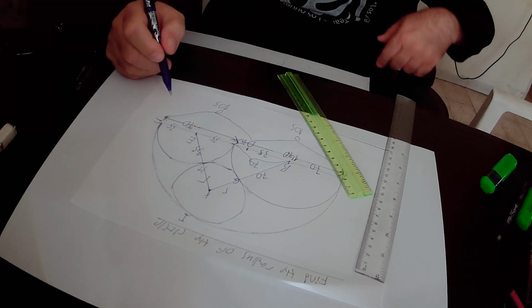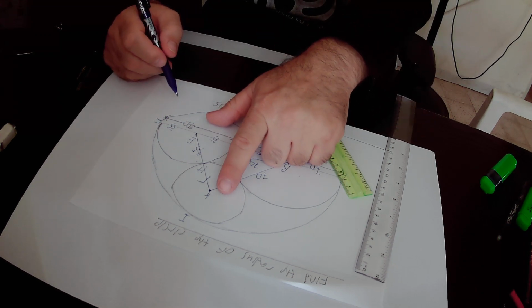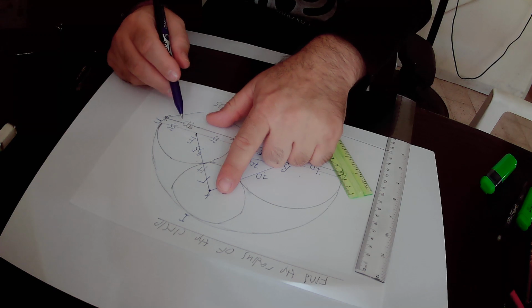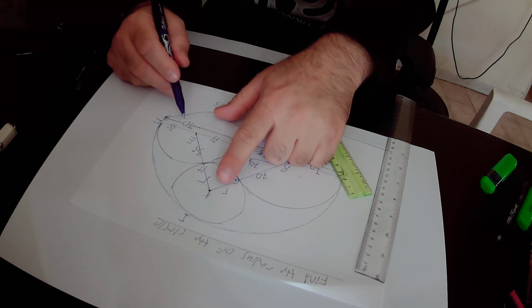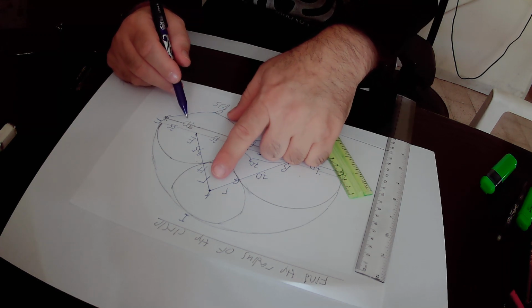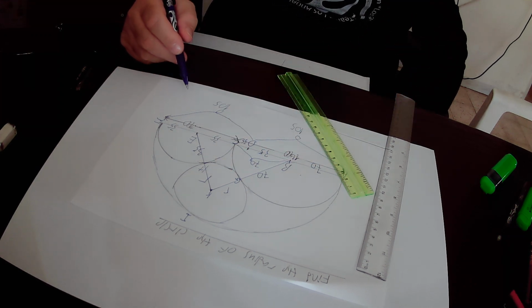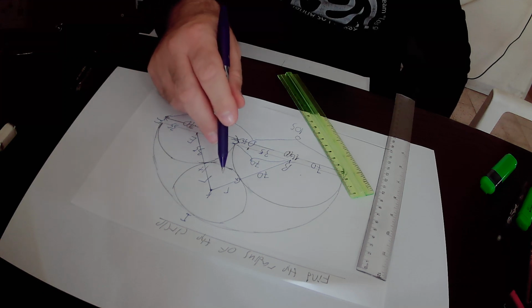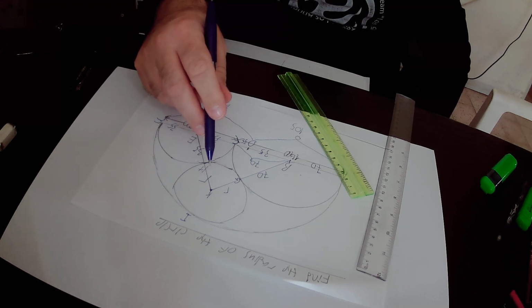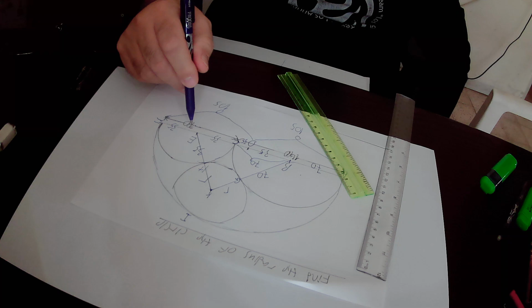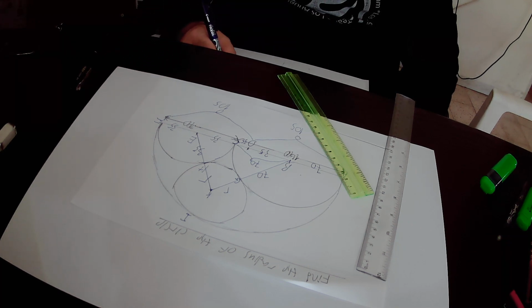And in total, the distance KE between the centers of the smallest semicircle and the circle is r plus 35, or 35 plus r. So we can write down that KE, line segment KE, that is the distance between the centers of the circle and the smallest semicircle, equals 35 plus r units.